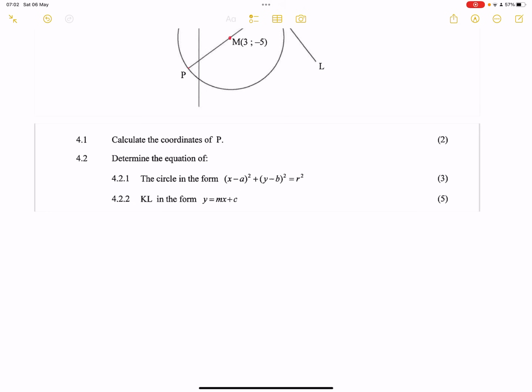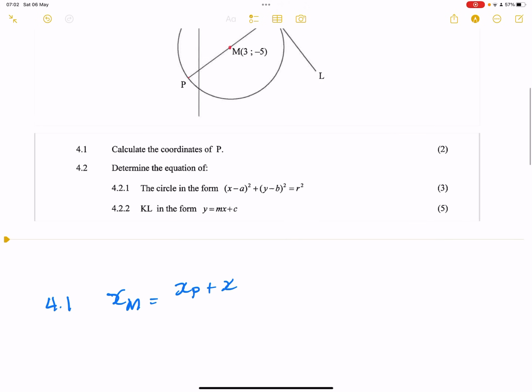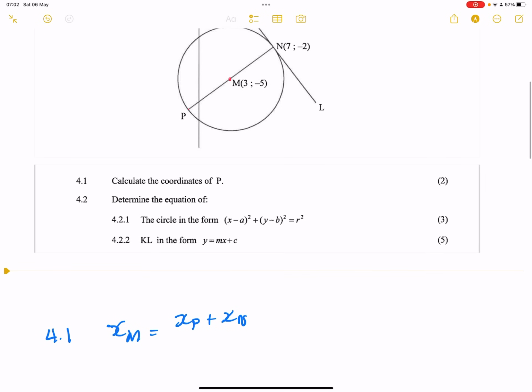So for 4.1, I know that the x value at M would be the x value at P plus the x value at N, over 2. The same thing for y values. So the y value at M would be y at P plus the y at N over 2.